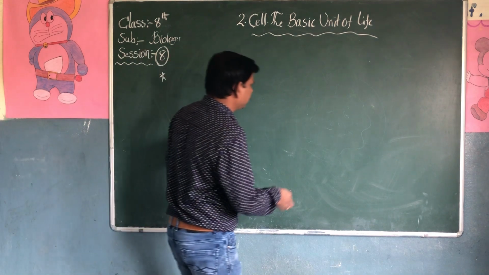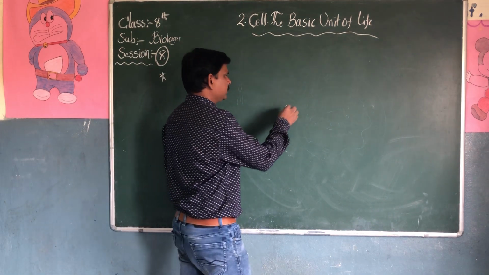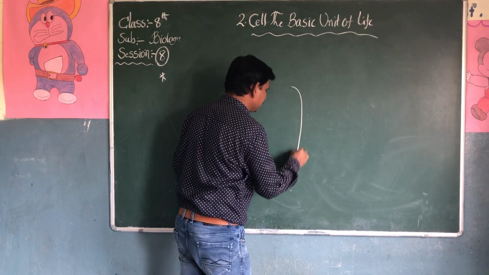So this is an important 2 marks diagram. That is the nerve cell.